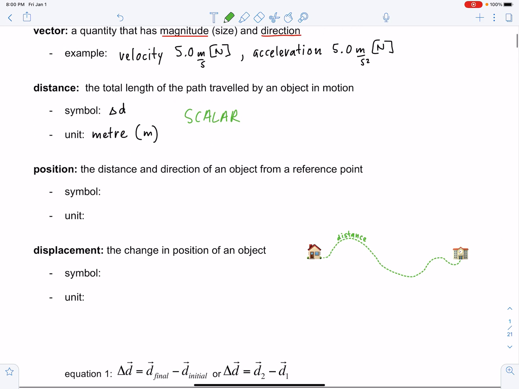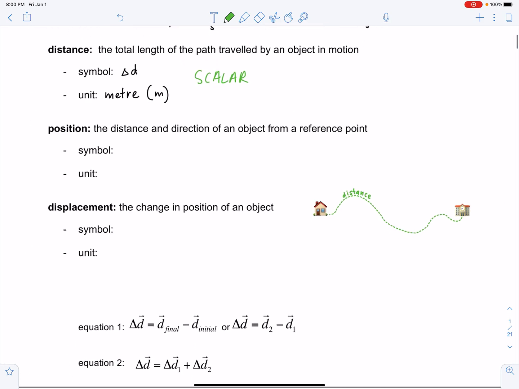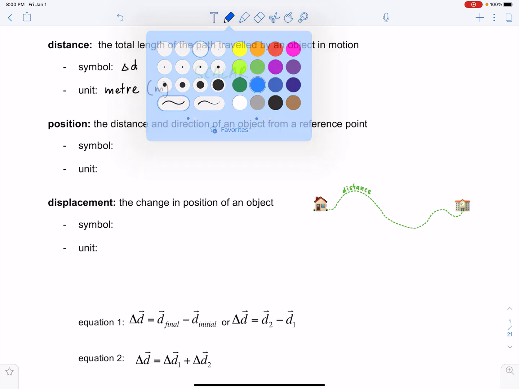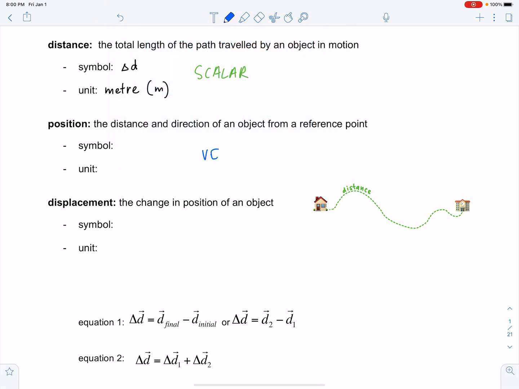Okay. The second quantity that we're going to look at is called position. And position is defined as the distance and direction of an object from a reference point. Now, because there's a direction, this is a vector quantity.